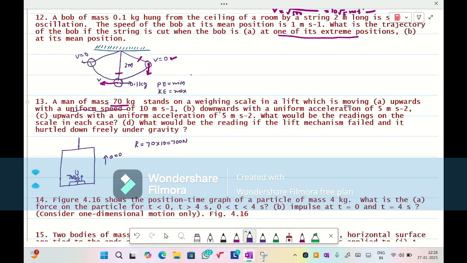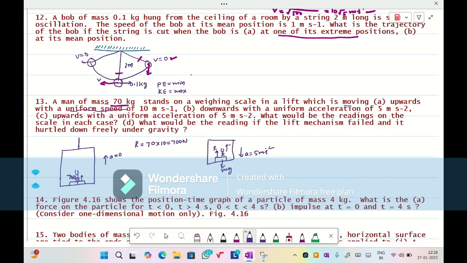Now the lift is moving downward with uniform acceleration, a equal to 5 meters per second squared. Now there is a normal force, a reaction force, on the person standing. mg is downwards, and the pseudo force on this person is upwards.